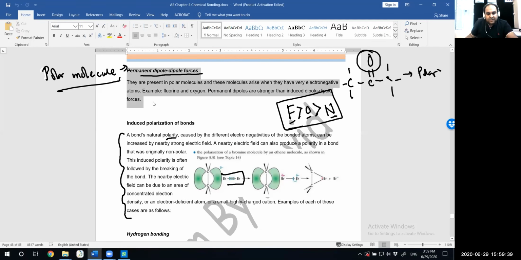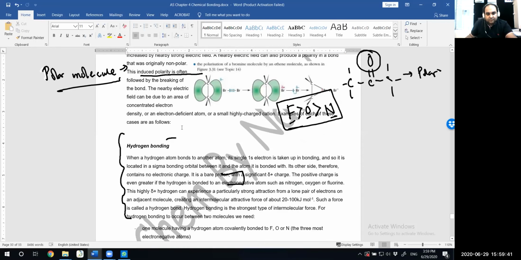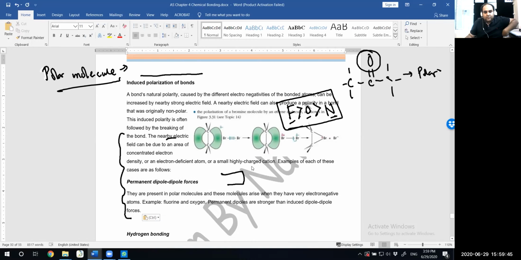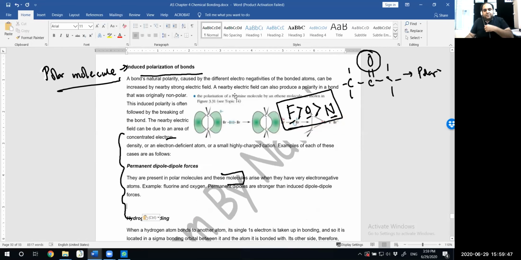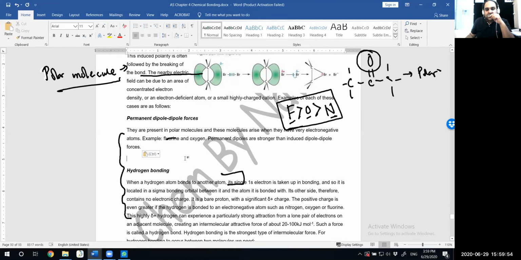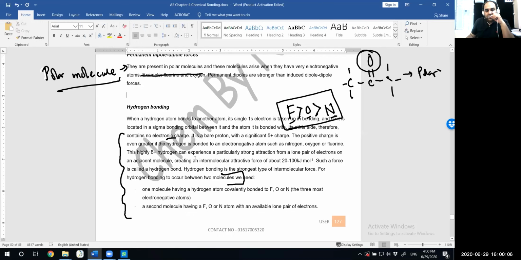Actually, it is going to be below this. This is an experiment of how van der Waals forces arise. So permanent dipole forces are present when there are very electronegative atoms, and it is present only between polar molecules.